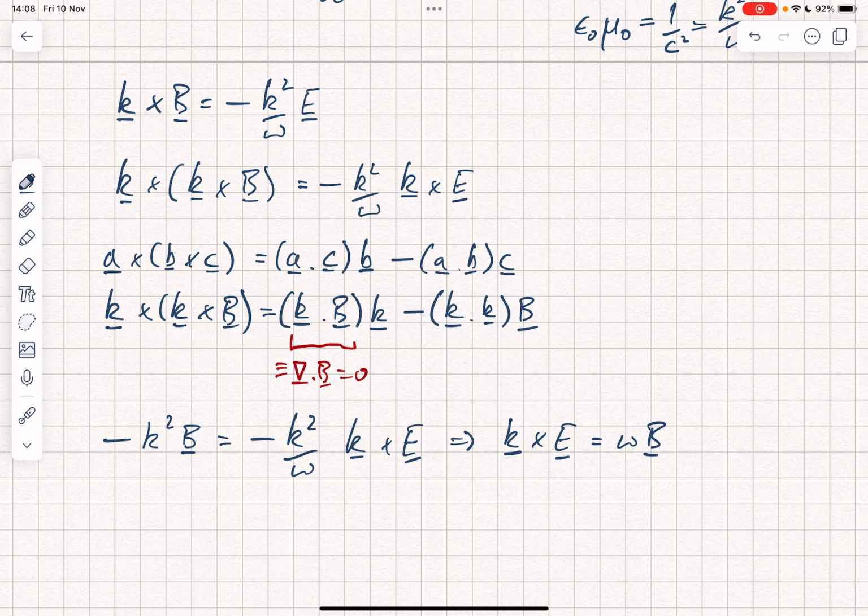It's a simple illustration, but it does show exactly how we can use these nice results, and you'll find that all the way through electromagnetic theory this kind of substitution is very helpful.